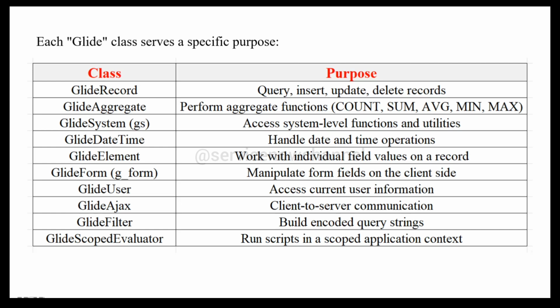Okay, we will see later. So next we have GlideFilter. GlideFilter purpose is to build encoded query strings. So next we have GlideScopedEvaluator. It runs scripts in a scoped application context. So these are the Glide classes or Glide APIs in ServiceNow. We will see one by one clearly with theoretical and practical examples later.